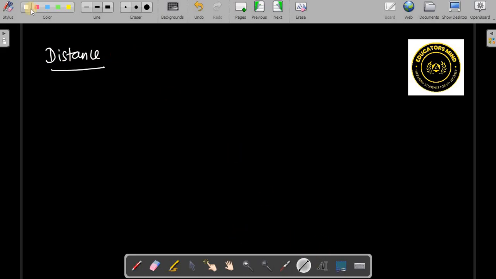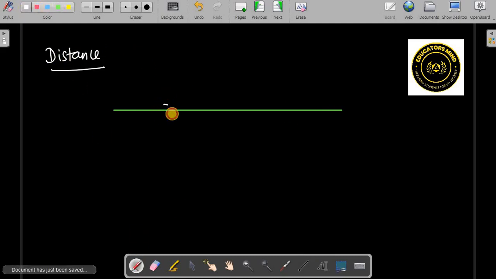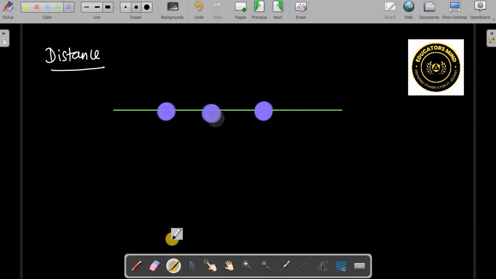Suppose the body, we are taking a straight line, but it can be any other case also. Suppose the body is going from here to here. First let's say the body is here, then the body comes here, and then the body comes here. I'm taking, let us say, 3 positions. This is the 1st, this is the 2nd position, and this is the 3rd position.